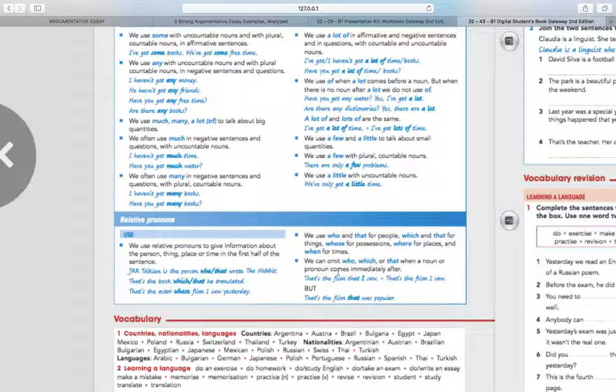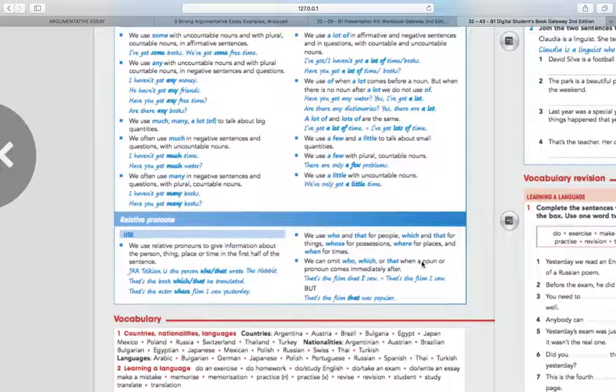First, if I want to talk about a person, like J.R.R. Tolkien is the person, who or that. Of course, I can use who or that, but I can't use which here because which is for objects. Or that's the book which or that he translated, or the actor whose film.